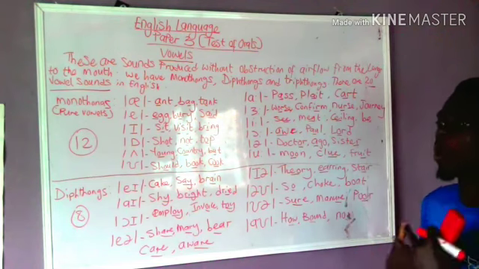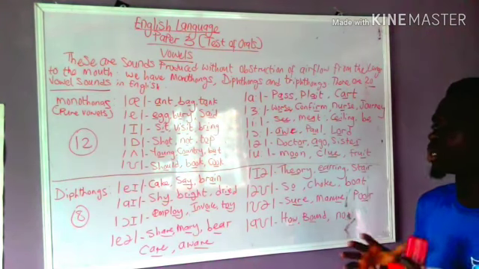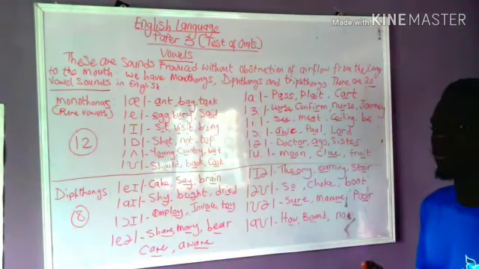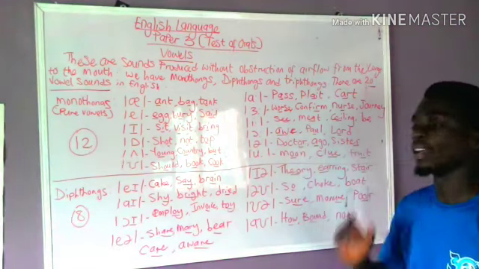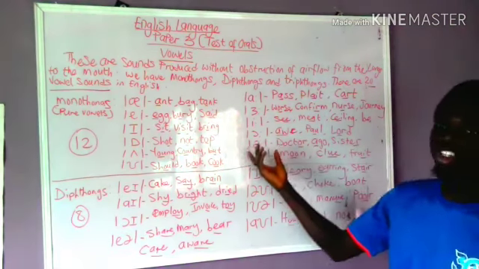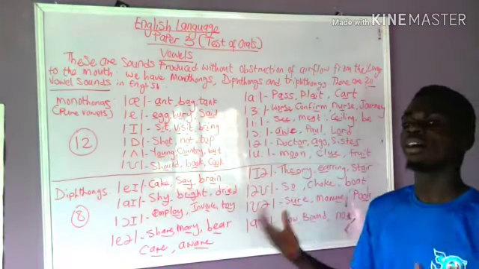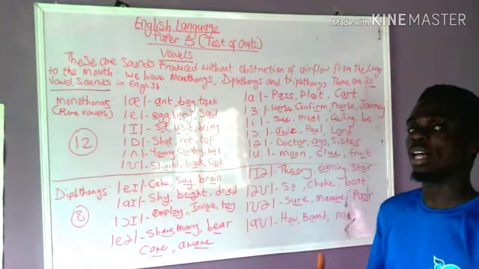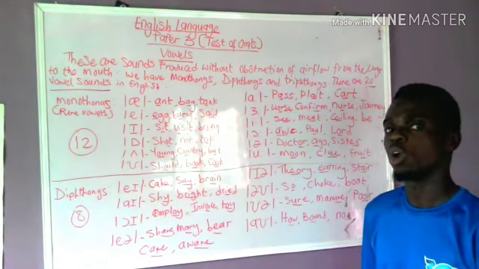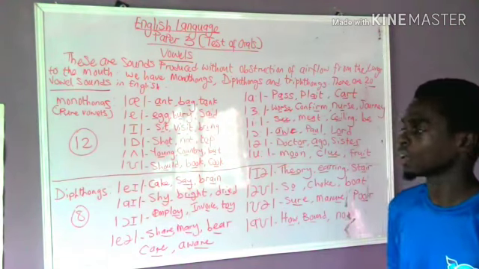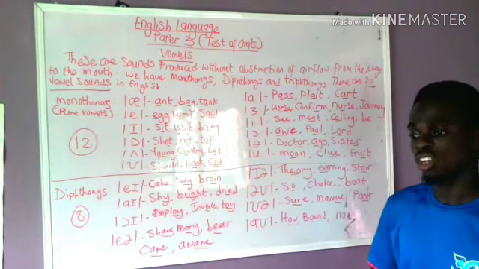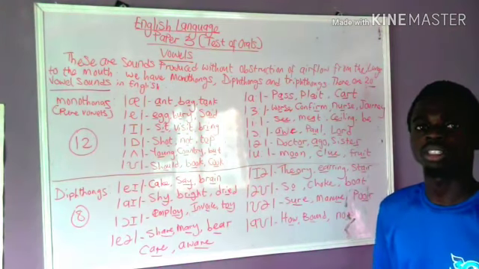A lot of people always have issues with this sound in terms of its pronunciation, its identification, and where it occurs. This is a schwa sound. It's a superpower. I call it a superpower vowel sound, and I'm going to tell you why. It's a neutral vowel sound that can replace any vowel sound in words.